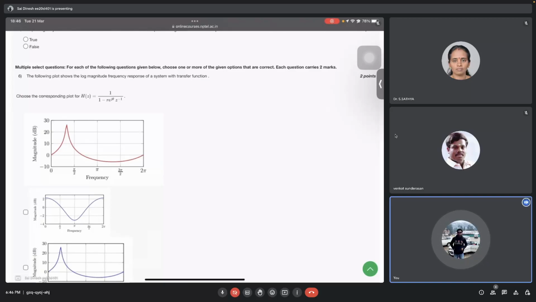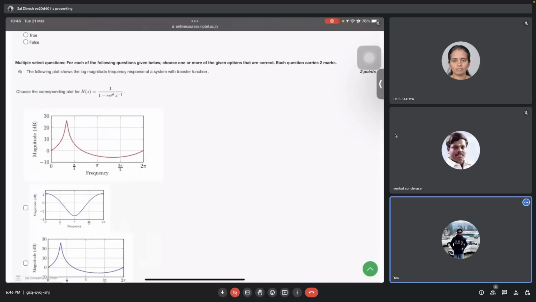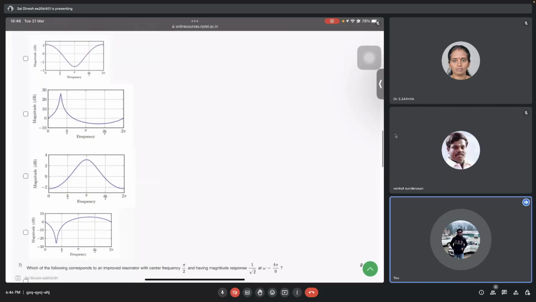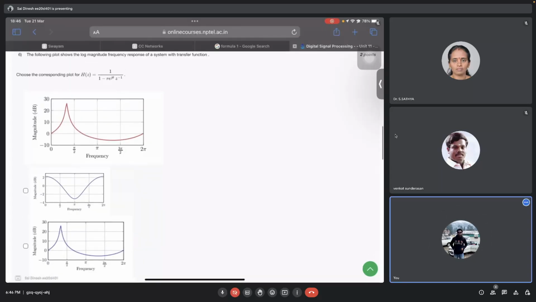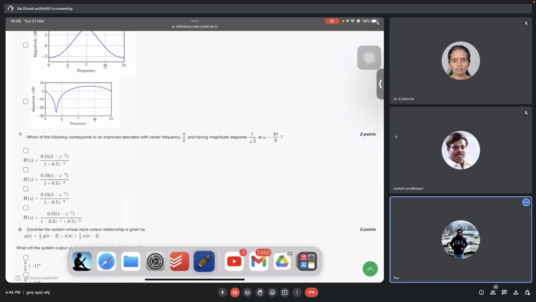So basically this is the magnitude response of a pole, which I've just discussed. Just write it down.